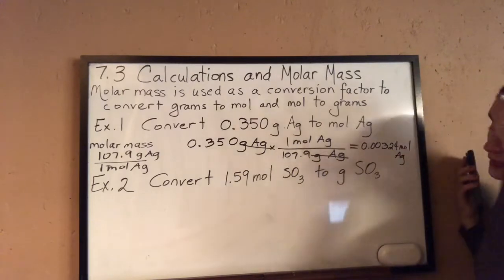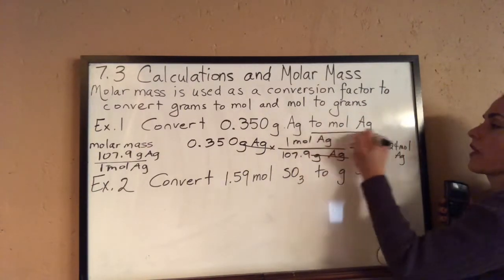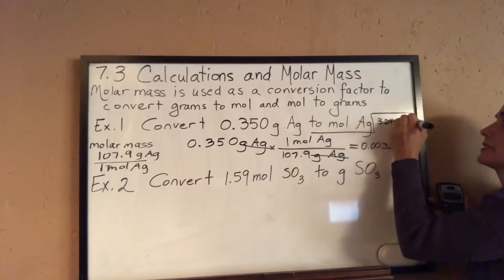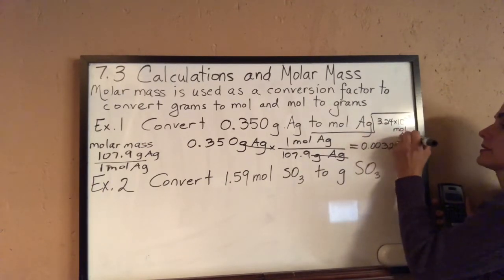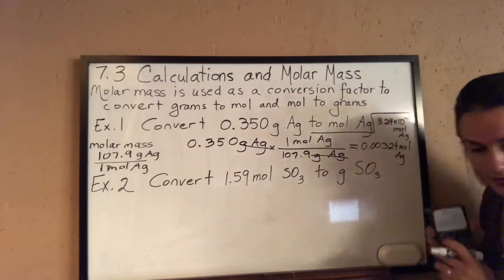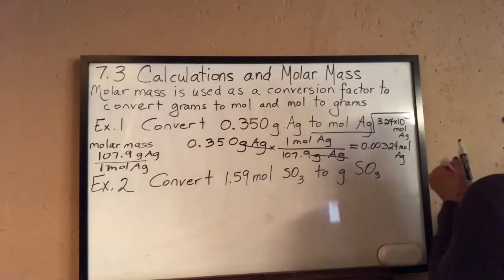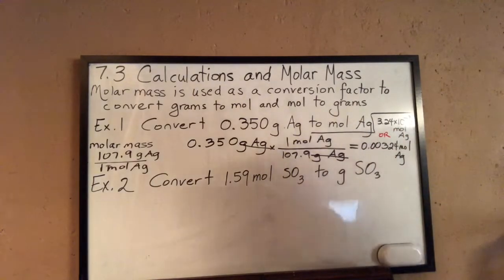You could put that in scientific notation as 3.24 times 10 to the negative third moles as well. I don't like to squish things on the board here, but it's leaving me no room to do otherwise. So either is fine, scientific notation or the expanded form.